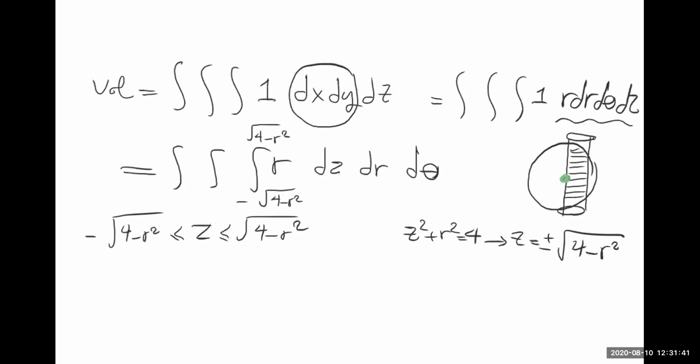So here at this center, r is minimum. R is actually 0 there because we are on the origin. And at this point, it's maximized. It's because it's on the surface of the sphere, which is 2. So it seems r goes from 0 to 2.